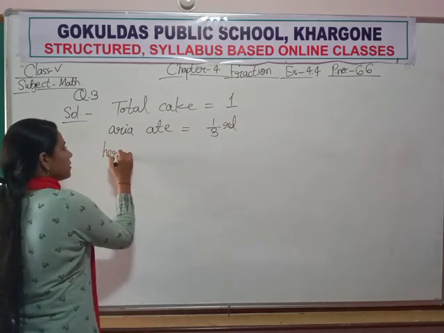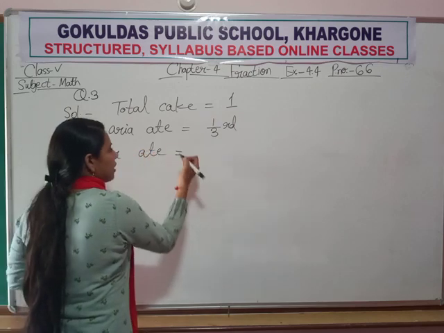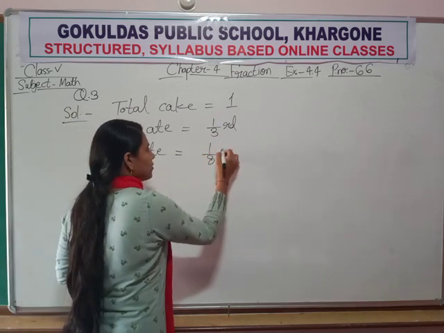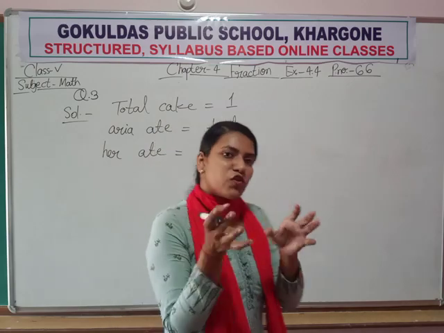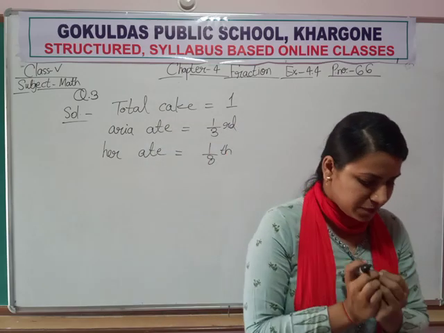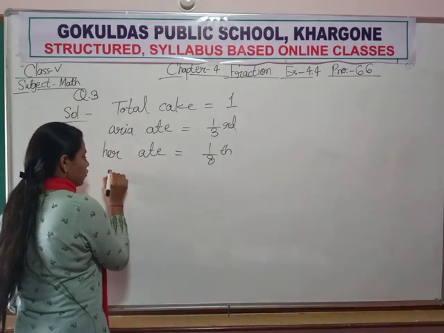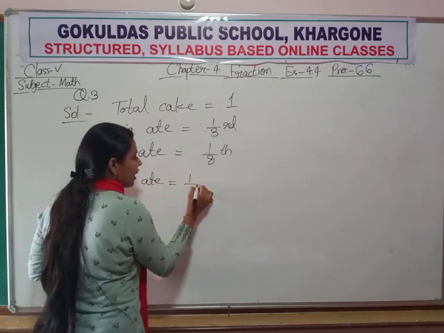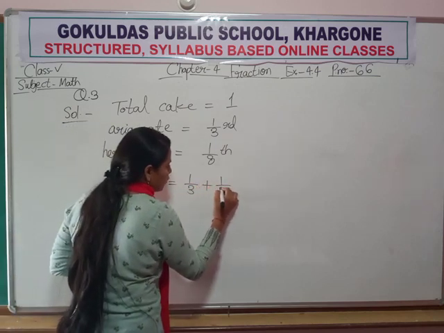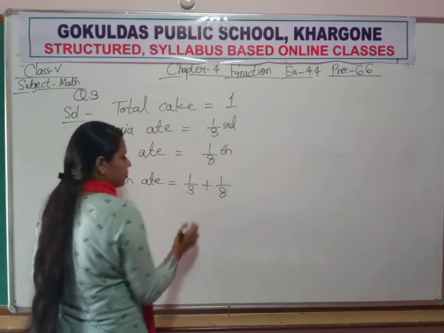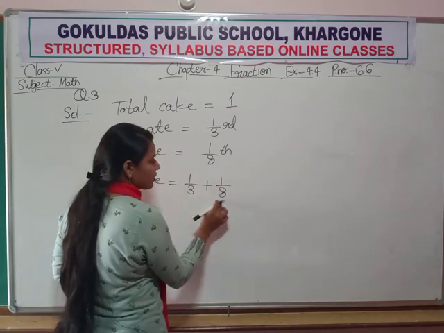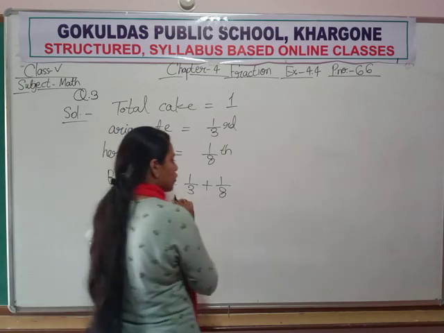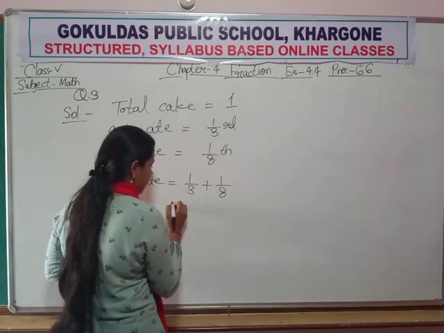Her sister ate 1/8, right. So how much did both of them eat together? 1/3 plus 1/8. Now solve it. As both the fractions are unlike fractions, convert them into like fractions.